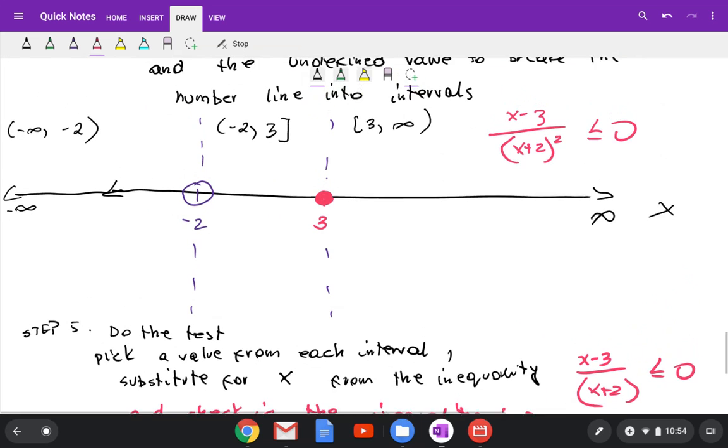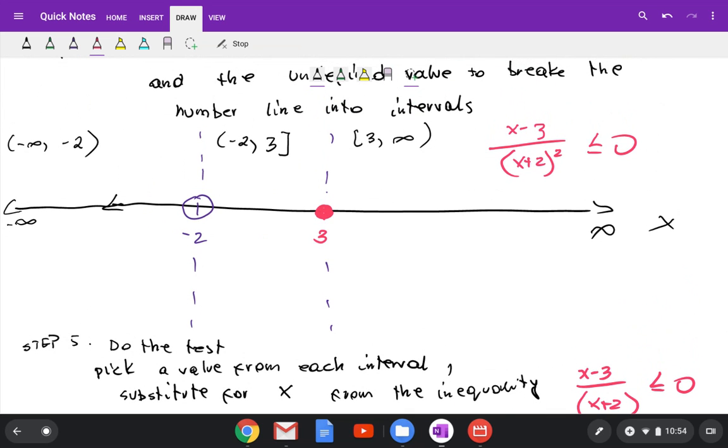So we're going to do the test. Let me work with the first interval. So I'm going to pick the x from negative infinity to negative 2. So here I will pick x equal negative 3, and I'm going to replace x in the inequality with negative 3. So we have negative 3 minus 3 over (negative 3 plus 2) to a second power, and I'm checking if I will get something less than or equal to 0.